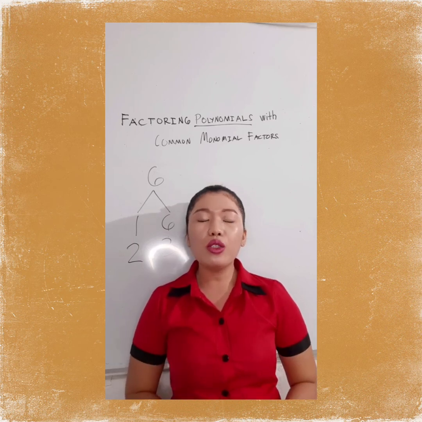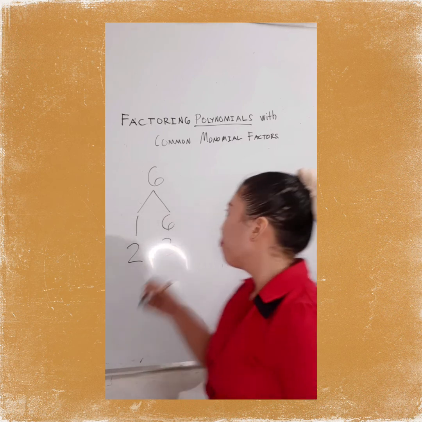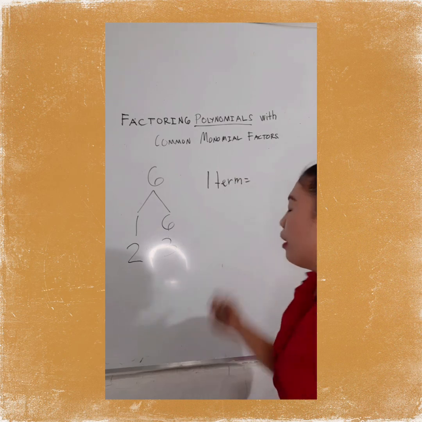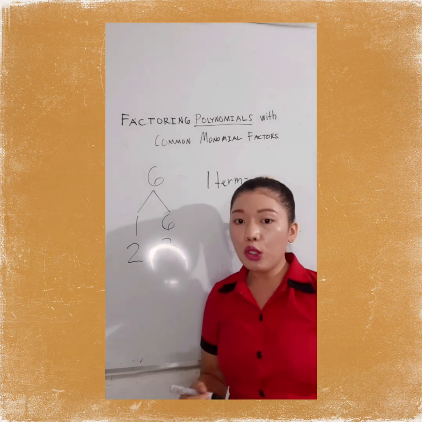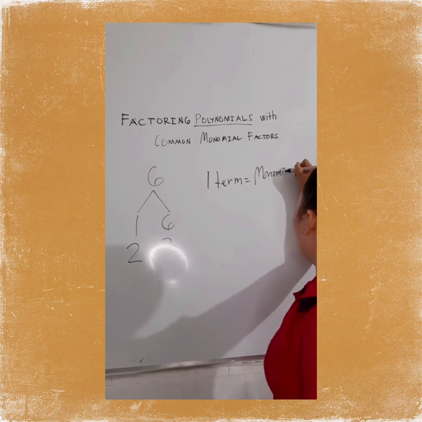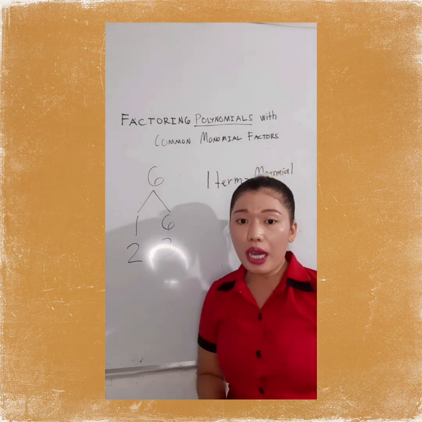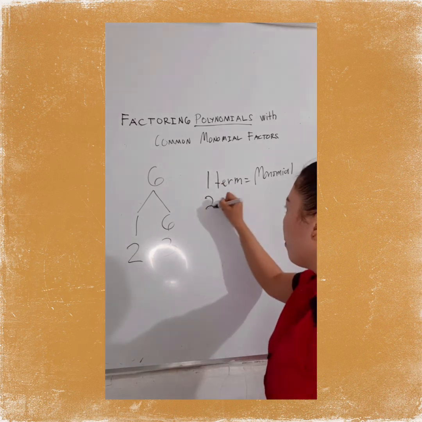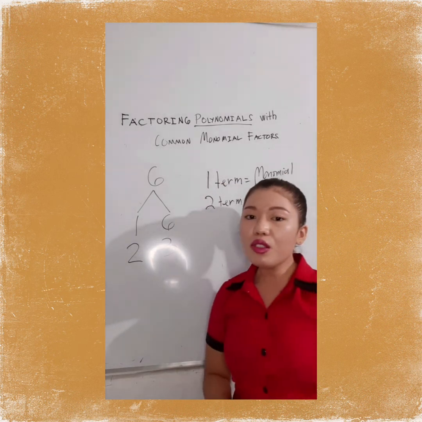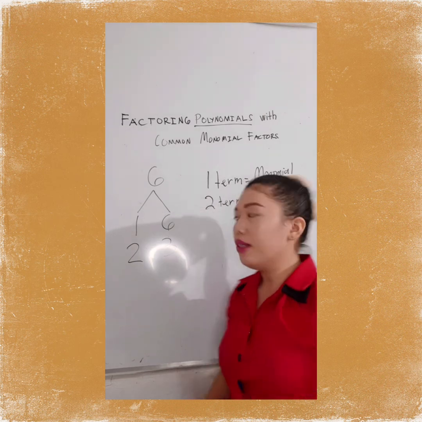If we are talking about 1 term, this is what we call monomial. If we have 2 terms, this is what we call binomial.